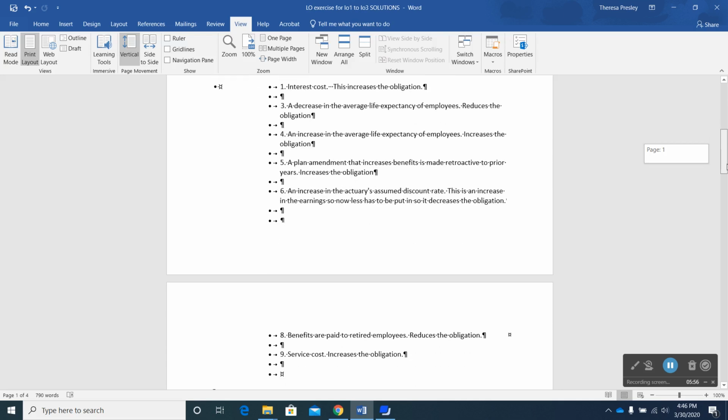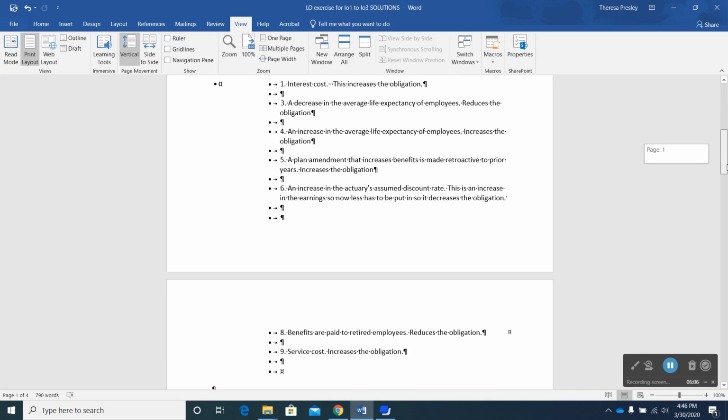Benefits are paid to retired employees. Whenever you pay, you don't have to pay them in the future. It's less that you have to pay those particular employees in the future. I would caution you a little bit on this one though, because while employees are retiring, what's going to happen?